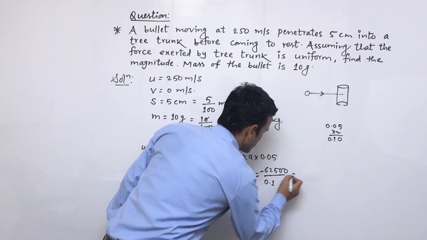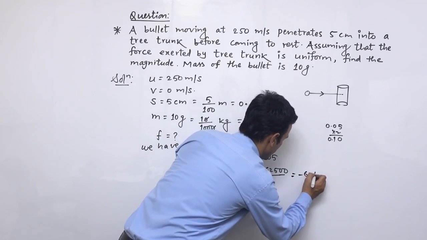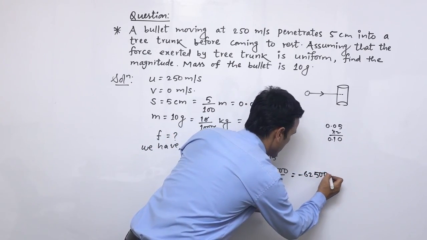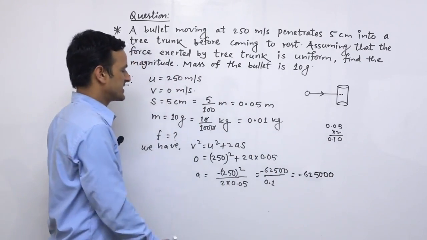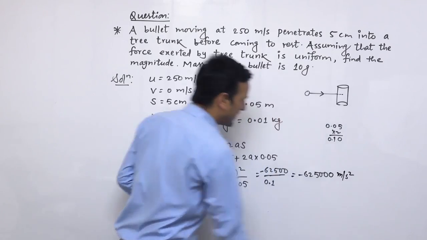If you remove this decimal then it will be 62500 and again 10. So this is acceleration, in meter per second square.